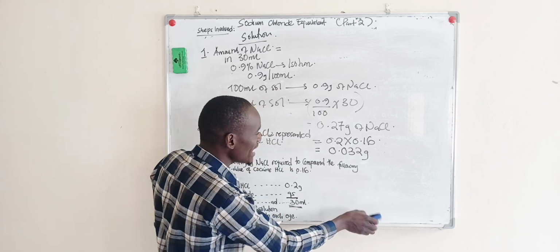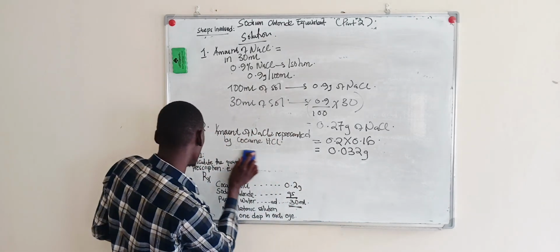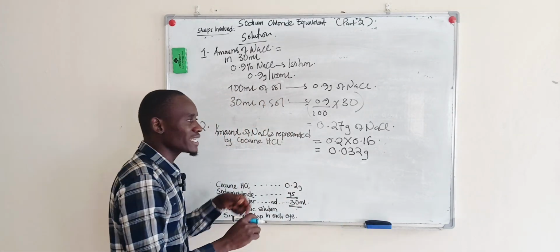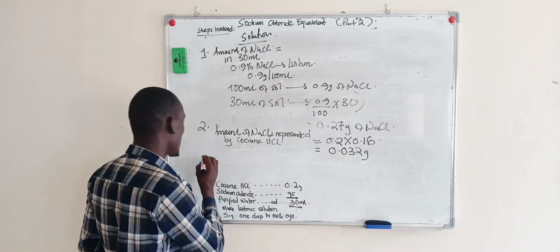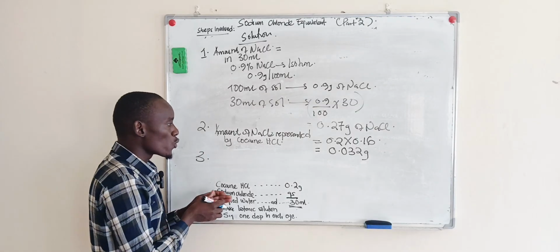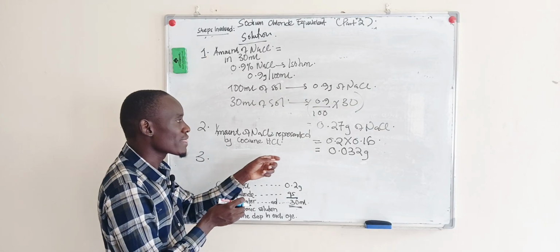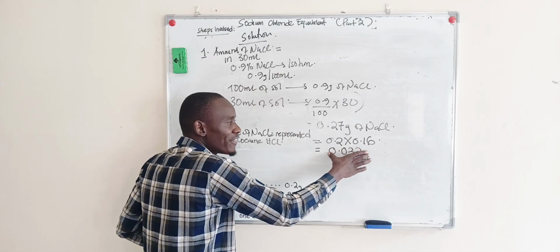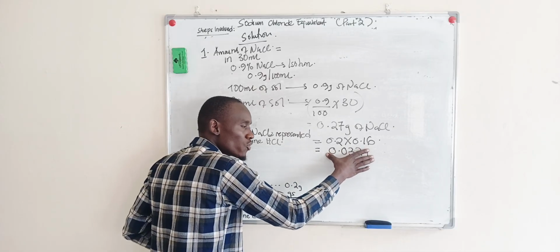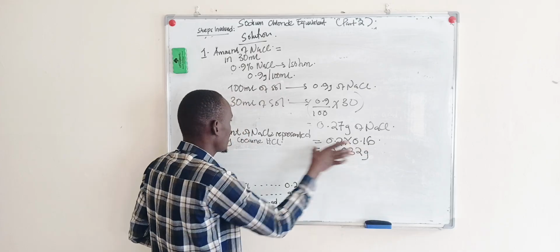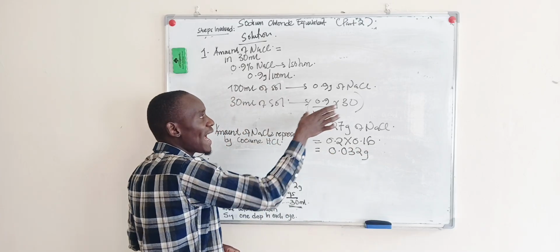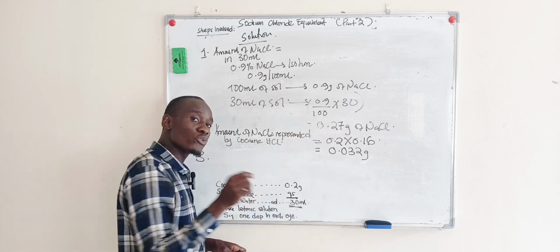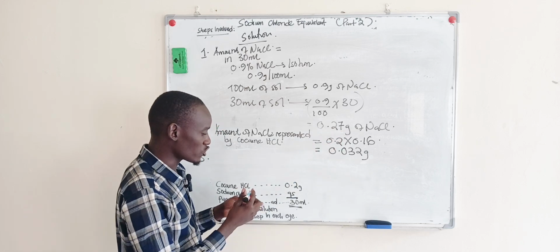So, after obtaining the amount of sodium chloride represented by cocaine hydrochloride, step 3, we need to get the difference between that and the amount of sodium chloride that is required to render such a solution isotonic.